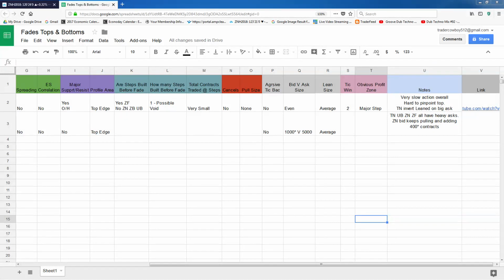So, ZN has hidden orders on bid at high absorbing before break down.